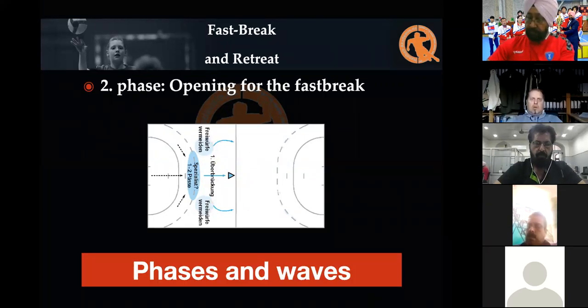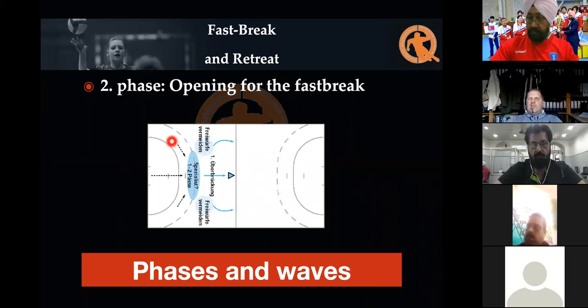So in that moment, it's very important to avoid an interception from former attackers, now defenders, and this is something you will see in one of our videos afterwards. The second marking here, from that small arrow on that side, is a specialist for the fast break, a fast break playmaker we might call him.